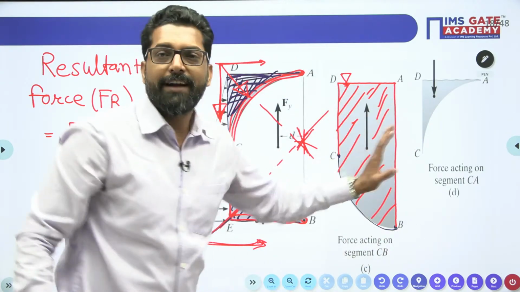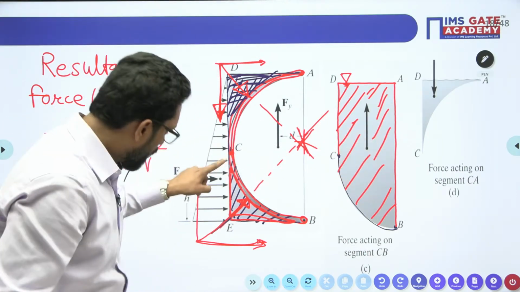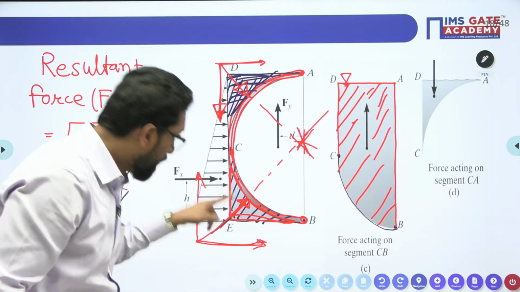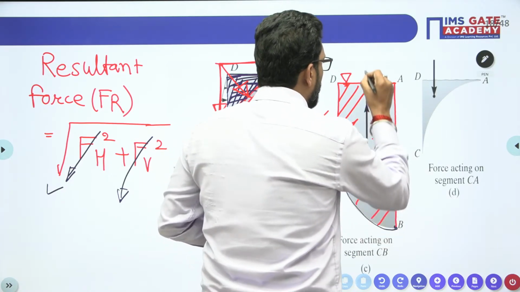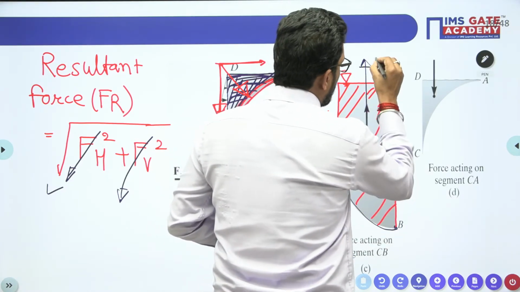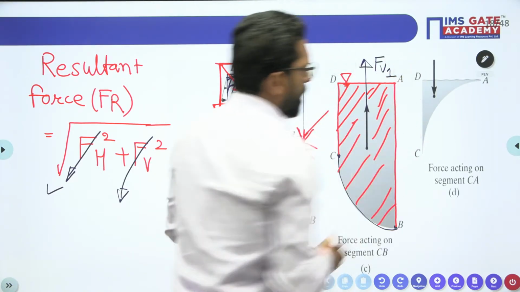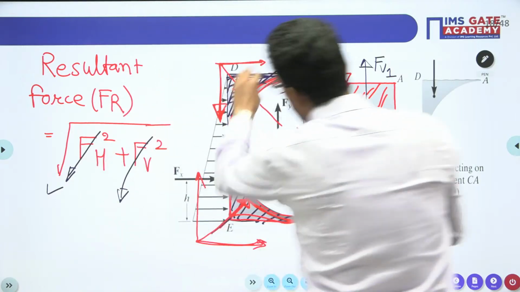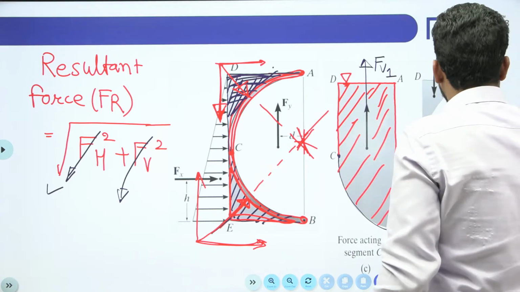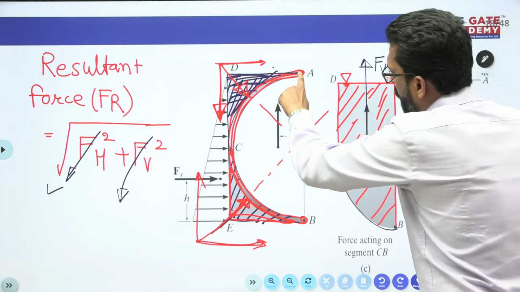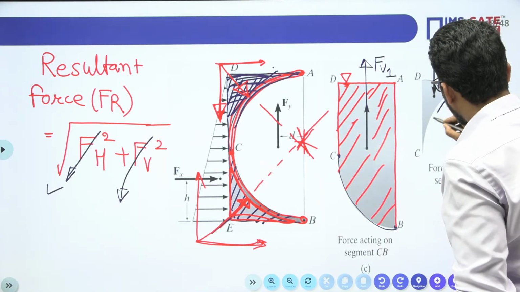This is the weight content within this fluid element, right? Due to this chunk, this much amount of force acts in the upward direction. That means this is your FV1. And due to this chunk of the fluid ADC, that means the curved surface A to C, we have considered it.